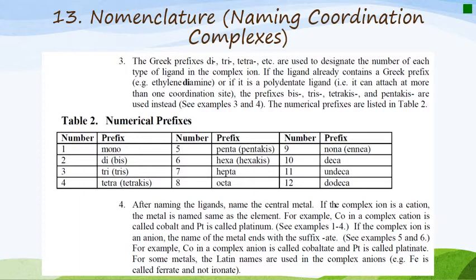We've also looked at the numerical prefixes in the previous section that I gave you in part 1 of this unit. Again, this just highlights what you need to know. Read through it carefully. Stop the video at every point so that you can understand what the slides are telling you.